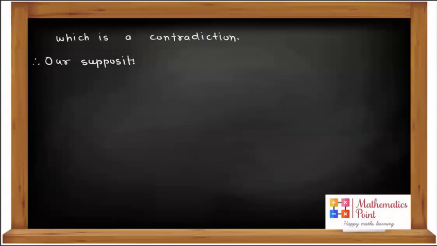So we will write that which is a contradiction. It means our supposition is wrong. So what we supposed actually?